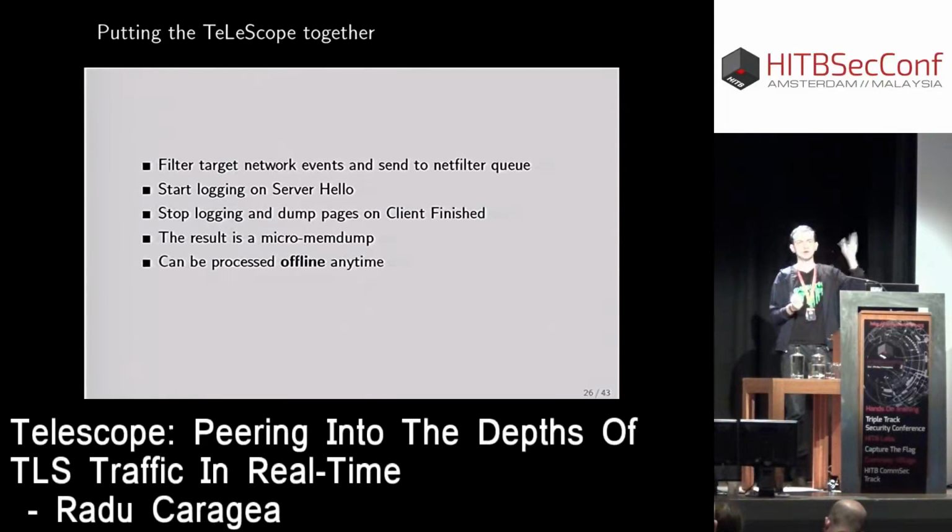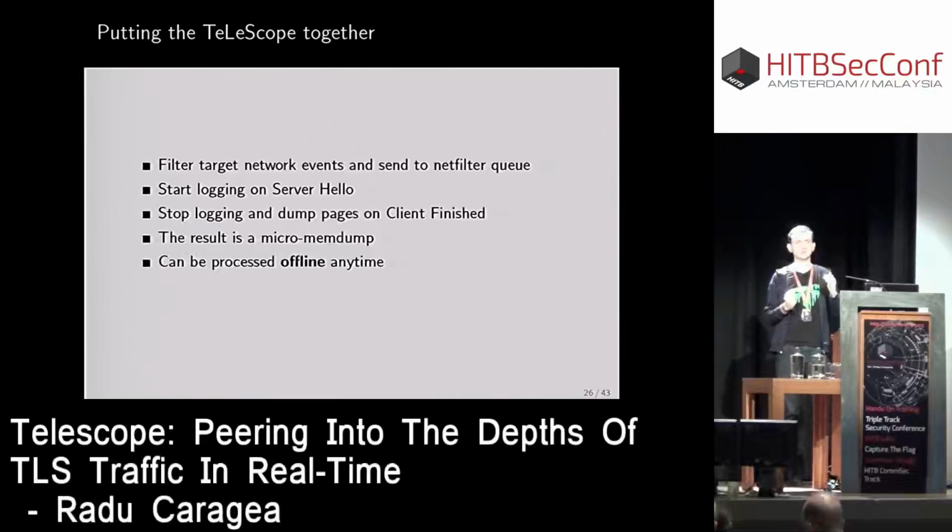And then you just let the packet continue its course. And this is the only thing you have to do at a TLS connection. The result will be a micro memory dump, as we call it, really small, not 4 gigabytes, as you'll see, but this can be processed offline anytime.